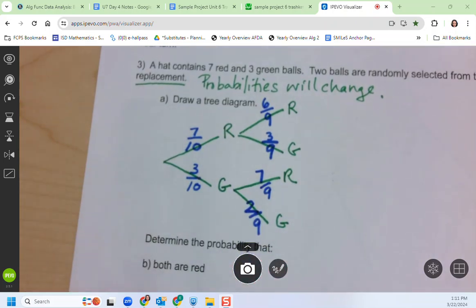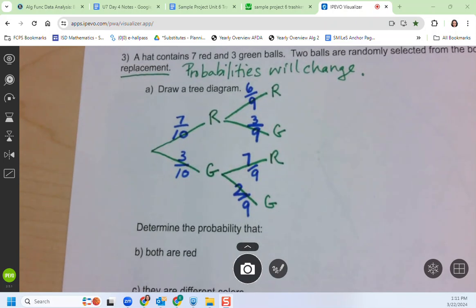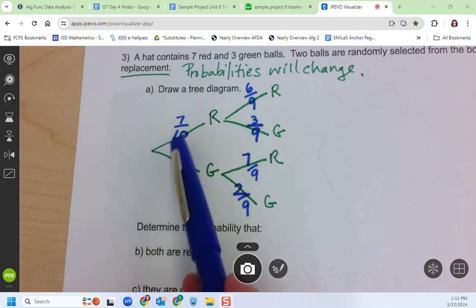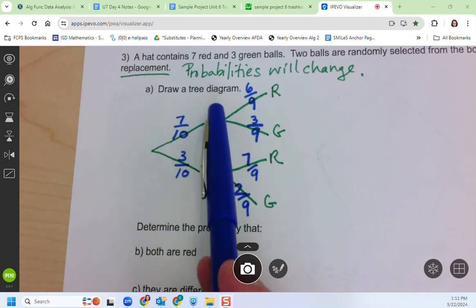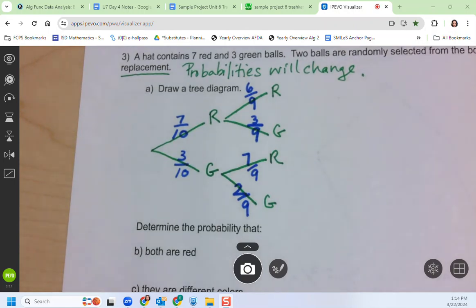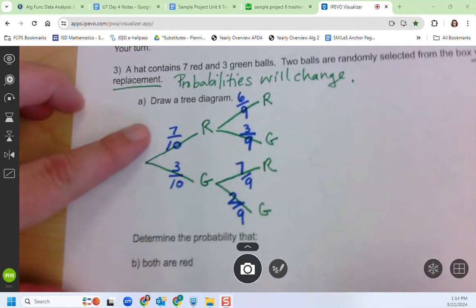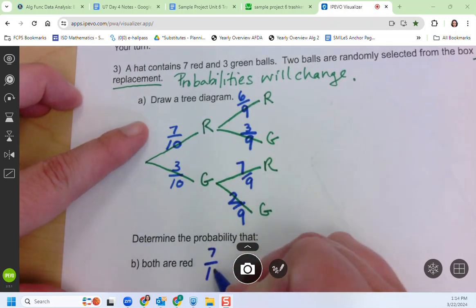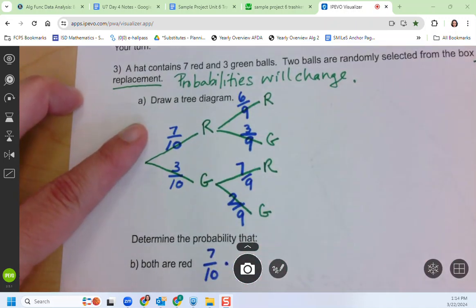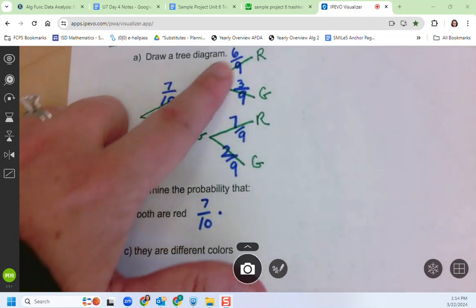Okay. I want you to find the probability that both of the balls are red now. So you're going to have to multiply the probability that the first one is red times the probability that the second one is red. Okay, probability that the first one is red is this one right here, 7 out of 10. And then after you chose that one, you want to find the probability that the next one is red.